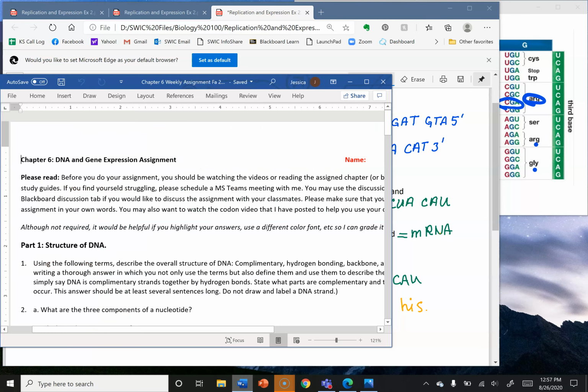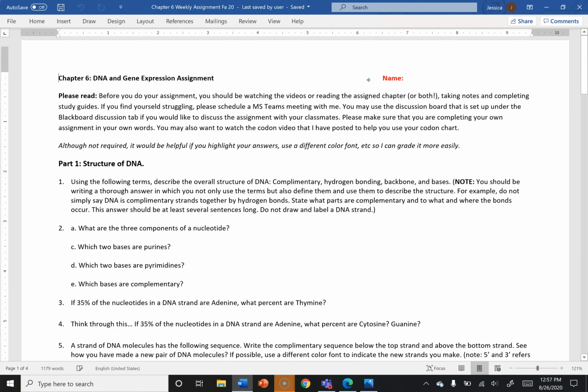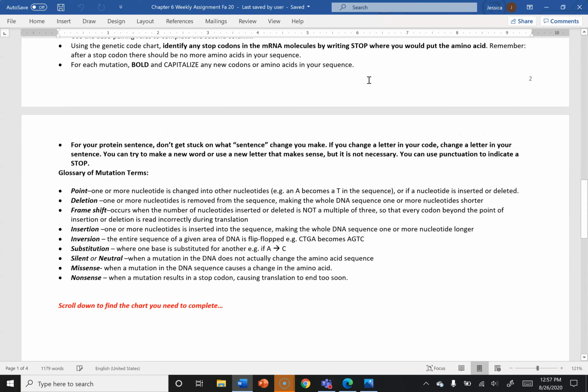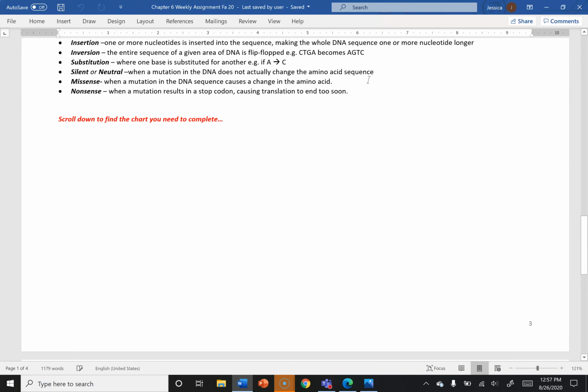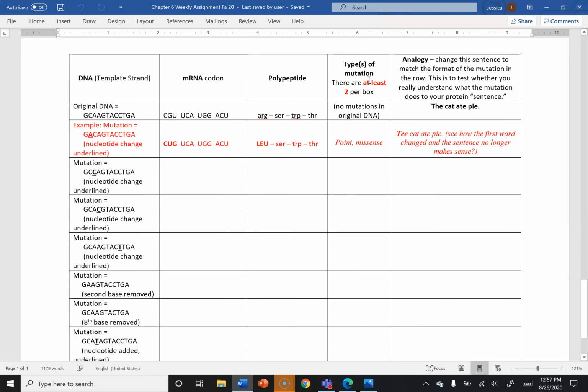Last thing I wanted to mention, just going over our assignment here, if we scroll down all the way to the bottom, you'll have first a few questions similar to what I asked, and then some more conceptual questions. Then at the bottom, we're going to introduce some mutations into our original DNA sequence, and we're going to look at what is actually happening.